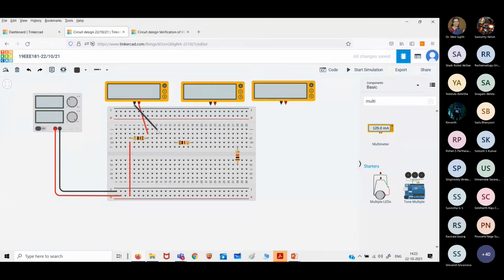The negative of the ammeter, yes, tell me. Ma'am, ammeter is positive. We should not connect directly to the resistor, madam. You mean to say direct here like this? Yes, ma'am.